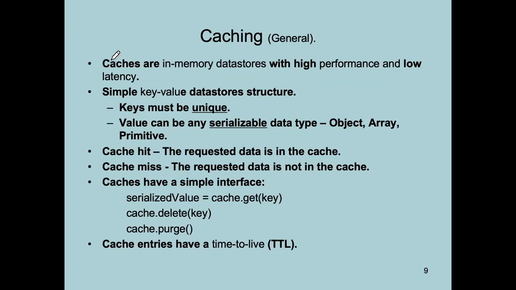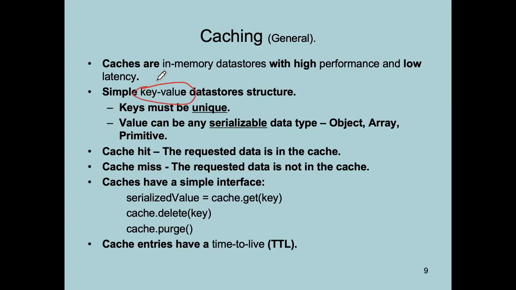So what are caches? I'm saying caches are in-memory data stores. They have high performance because essentially they're local to the client or to whoever is making the request to them. But they are essentially just in-memory data stores. I'm saying that from a structural point of view, they're just key value stores.